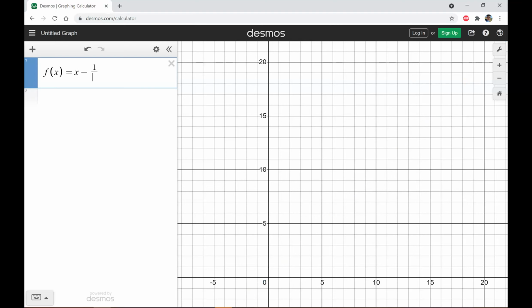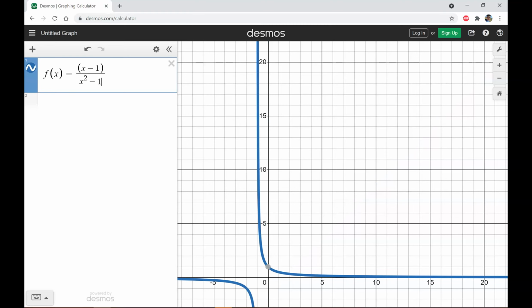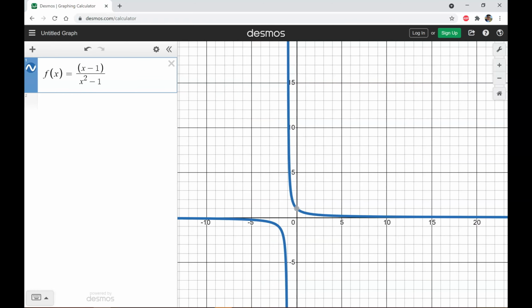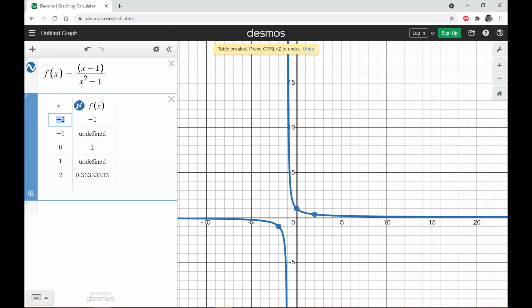So x minus 1 over x squared minus 1. Here it's graphed that function for us. And hopefully you remember from pre-calculus that this is what we call a rational function. And then if I click this, I can change this function here into a table.